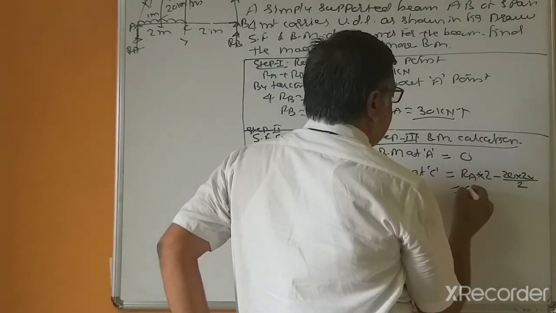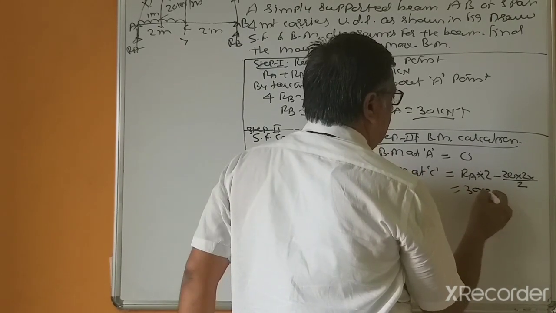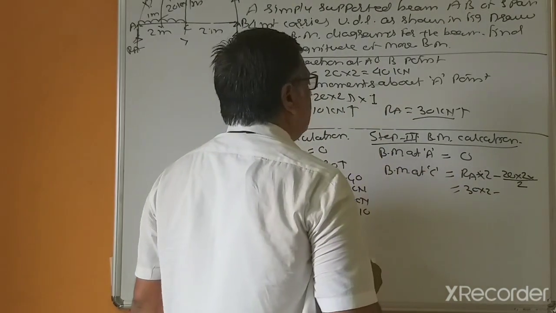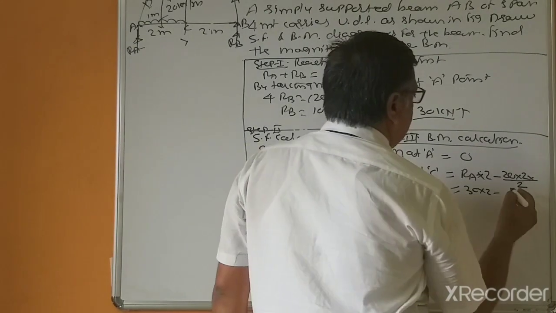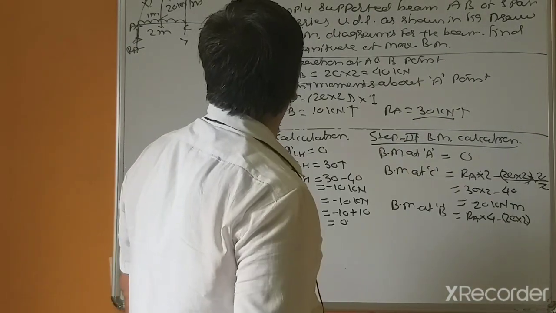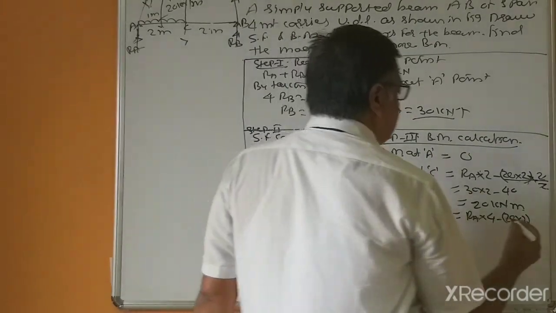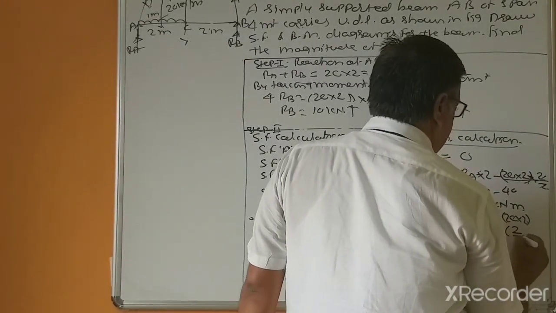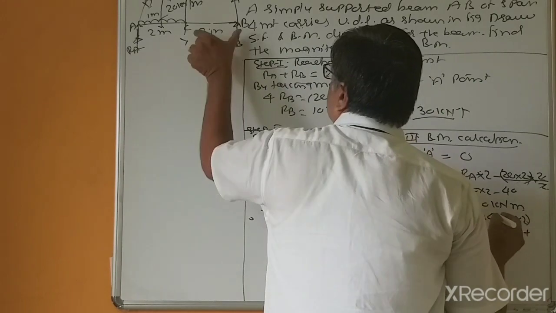That's why this is 30 into 2 minus 20 into 2, with distance equal to half of its distance plus this 2 meters.